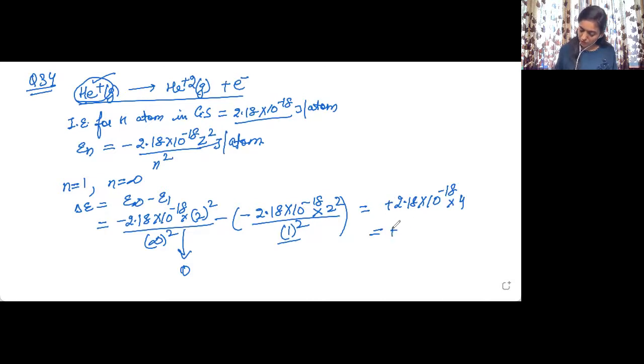This will be plus, because we need to supply this energy. When energy is needed to be supplied, it is taken as positive. If it is liberated, it is taken as negative. So this much joule per atom will be the ionization energy for He positive ion, when we need to remove the electron from the ground state, that is from first energy level.